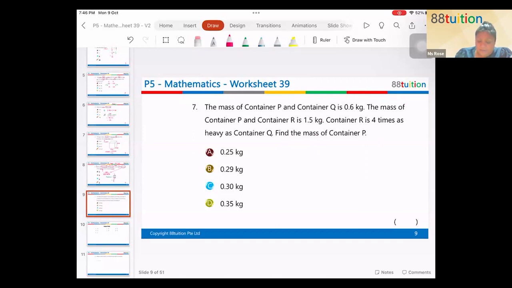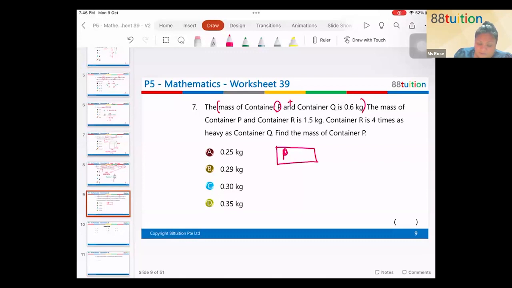So we have the mass of container P and container Q is 0.6 kg. So container P and container Q. I'm going to put container P here.